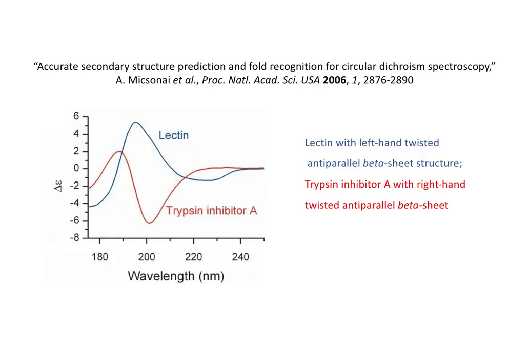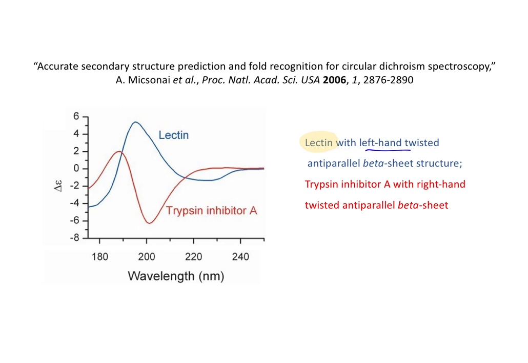Here are 2 examples of secondary structure prediction. The protein lectin has an antiparallel beta sheet structure, but with a relatively unusual left-hand twist.